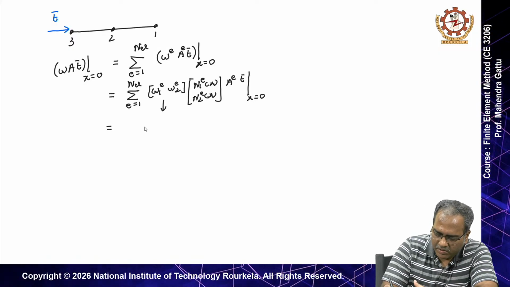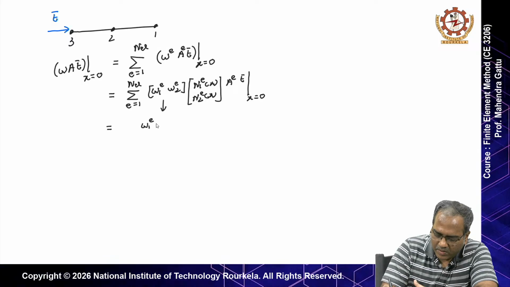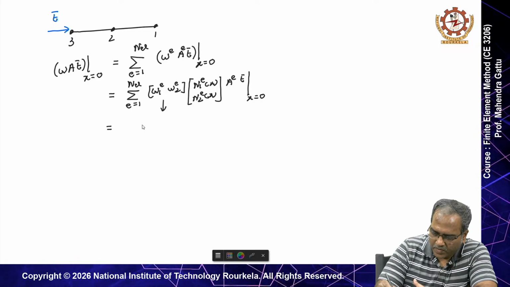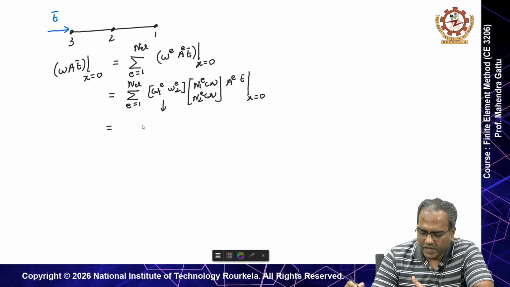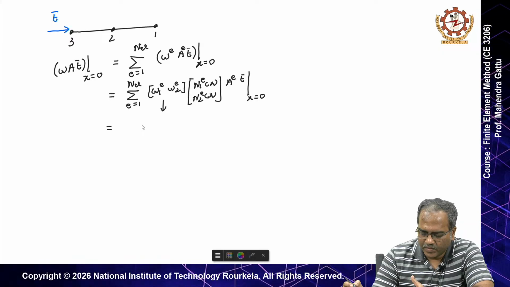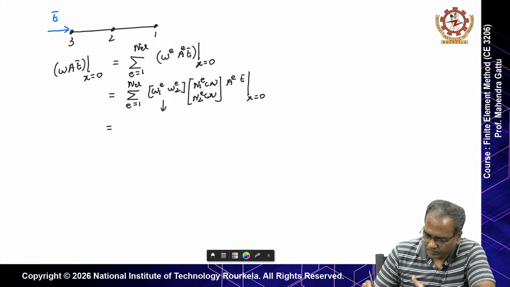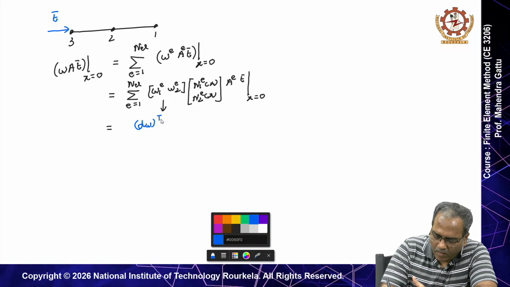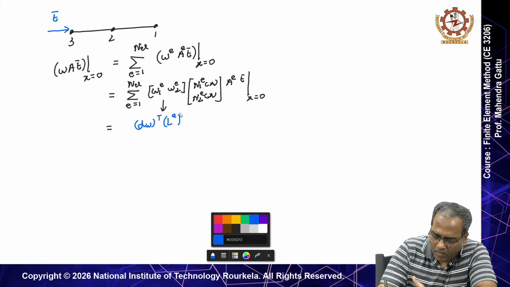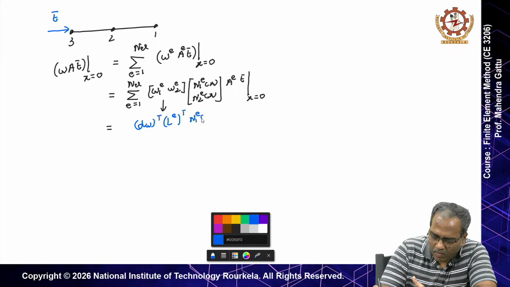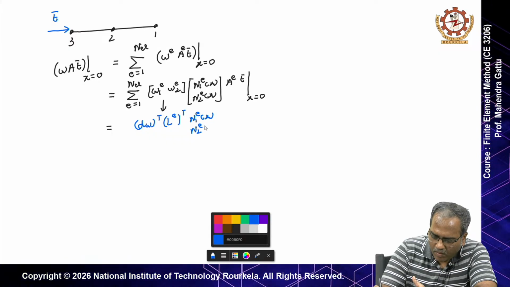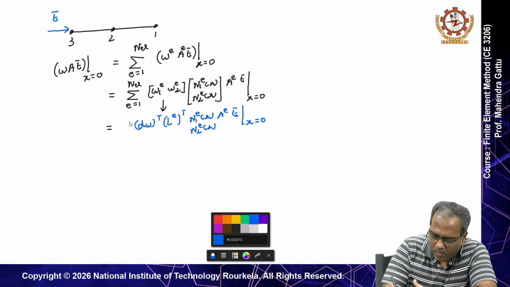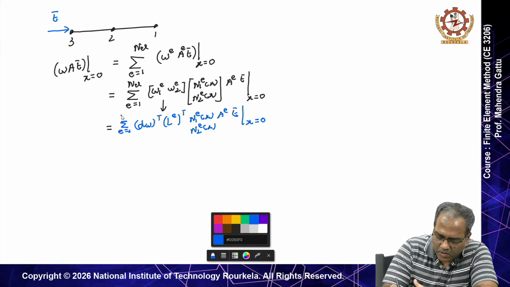So, this matrix will be W1 E, sorry, if we do a scatter operation, we will have dW times dW transpose times LE and then our summation E equals 1 to number of elements.